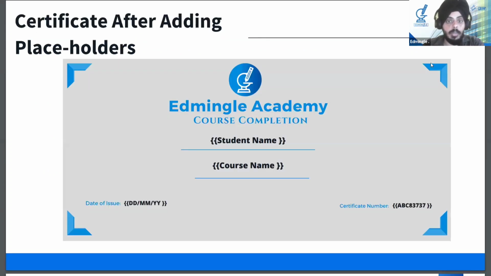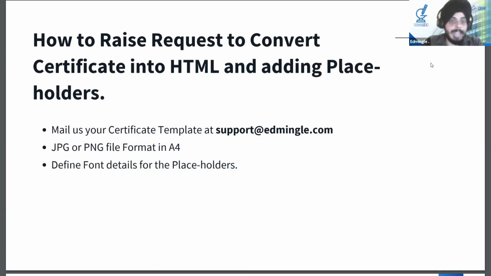Let's suppose for the student name you have a specific font for printing it, right? You want this format and this color for the student names printed on your certificate. You can mention that while raising a request to us at support@edmingle.com, and we will add that font style, convert it into HTML, and send it back to you.